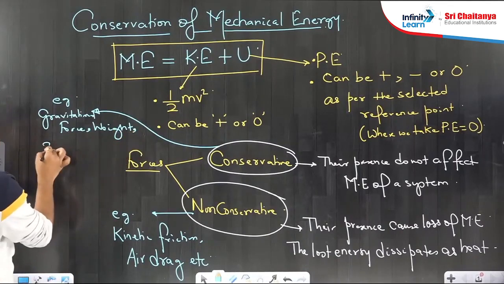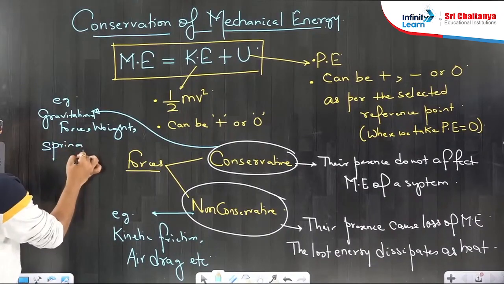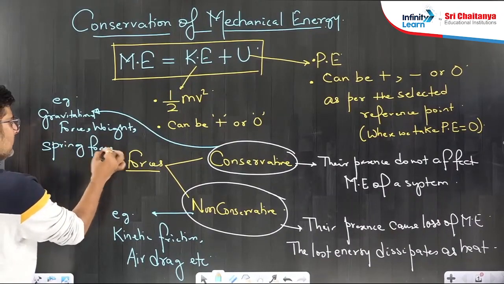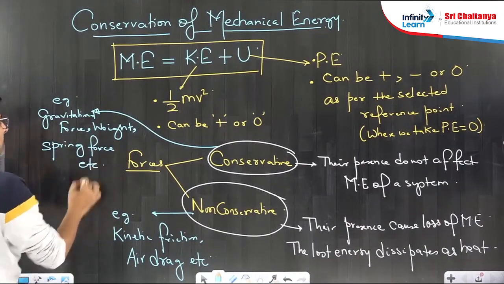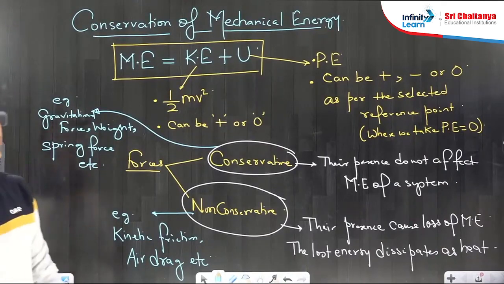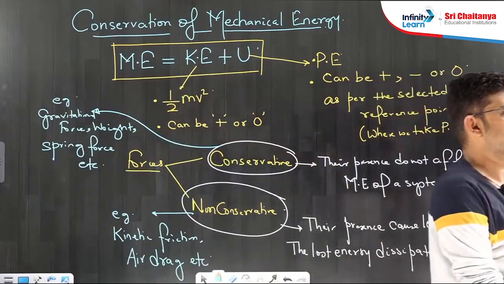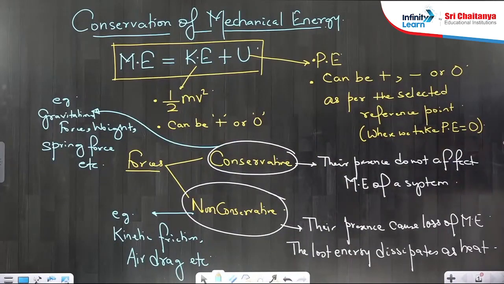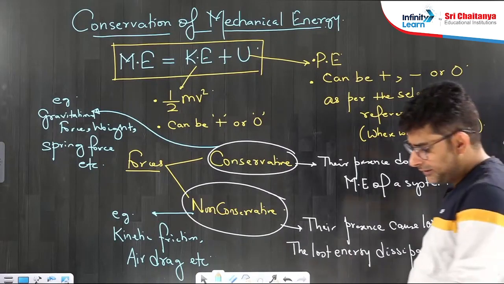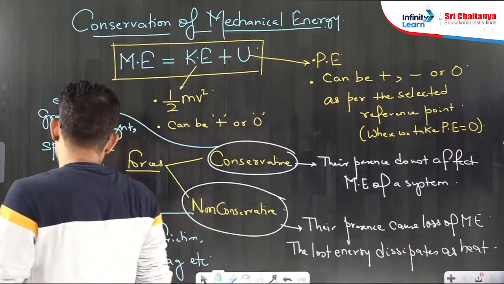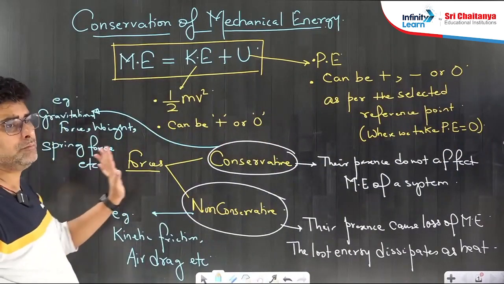Weight, there is a force called spring force. These forces are what we call as conservative forces. So we have two types of forces, one are conservative, one are non-conservative, and in presence of conservative forces there won't be any change in mechanical energy.